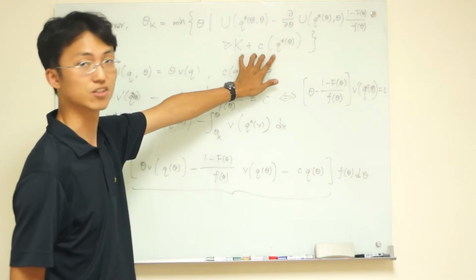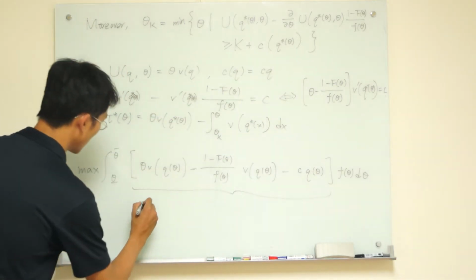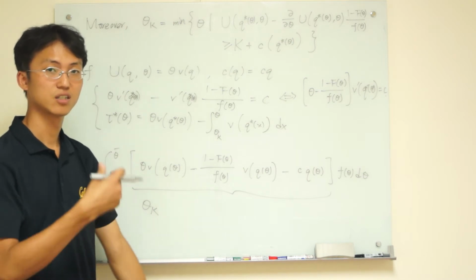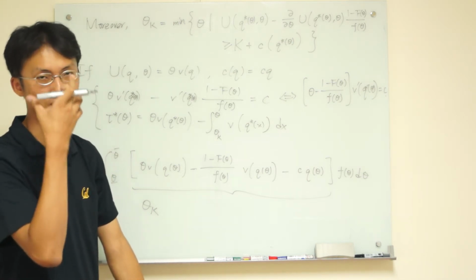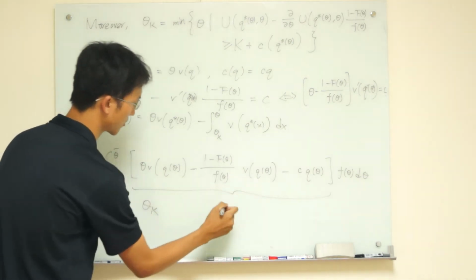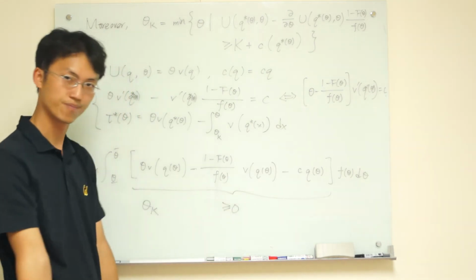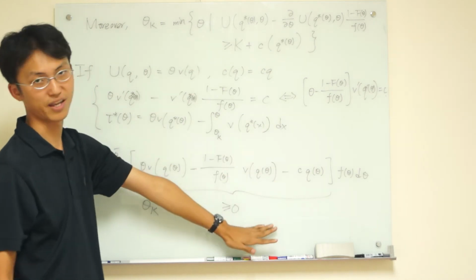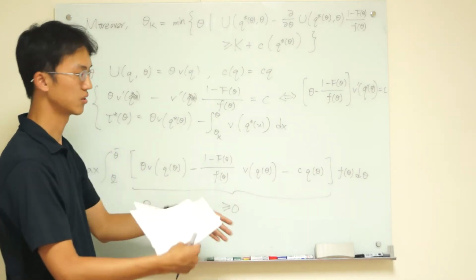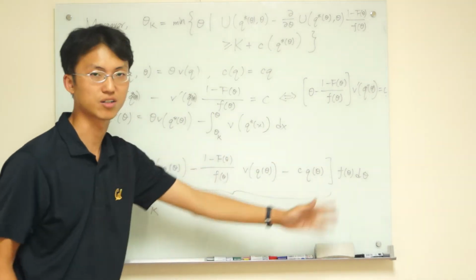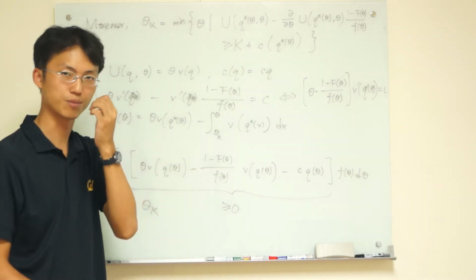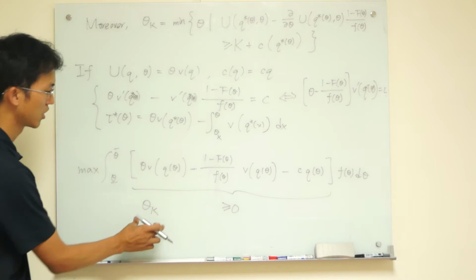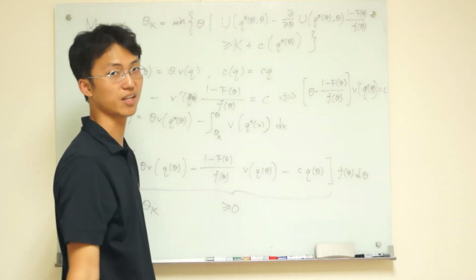So theta k is nothing but the cutoff, or the type that makes this thing non-negative. For those types that this part is negative, we're going to abandon it, we're going to exclude them from our service. Theta k makes this part non-negative.